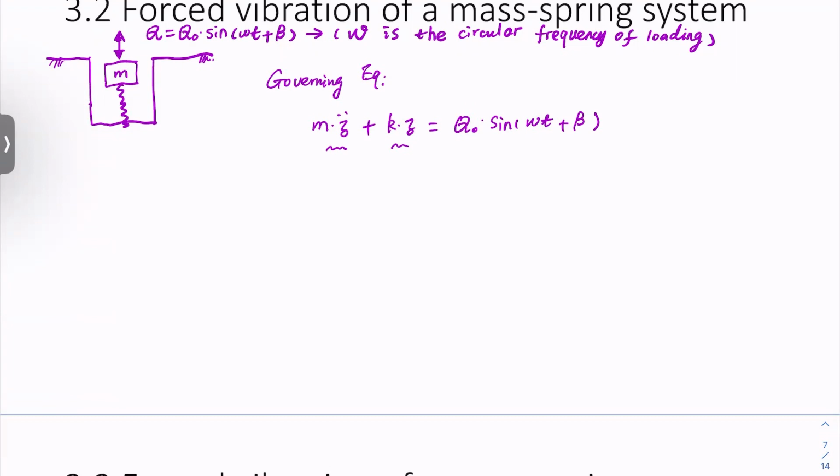Okay, great. Again, I'm only going to give you the steady state solution. We're not going to solve this in class. So that would be your z.